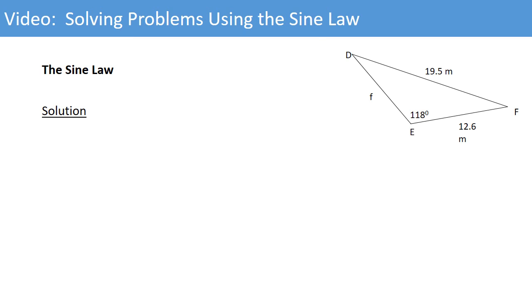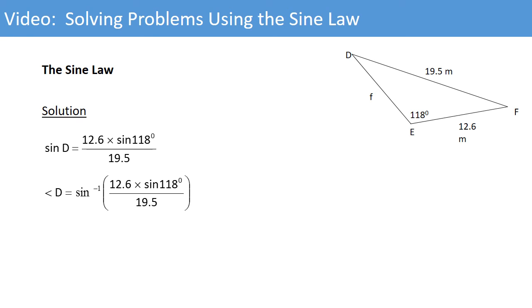Multiply, and you will get sine D is equal to 12.6 times the sine of 118 degrees divided by 19.5. Using your calculator and the inverse sine function, you will get angle D to be equal to 34.7864, and so on. Let's round it off to approximately 34.8 degrees.